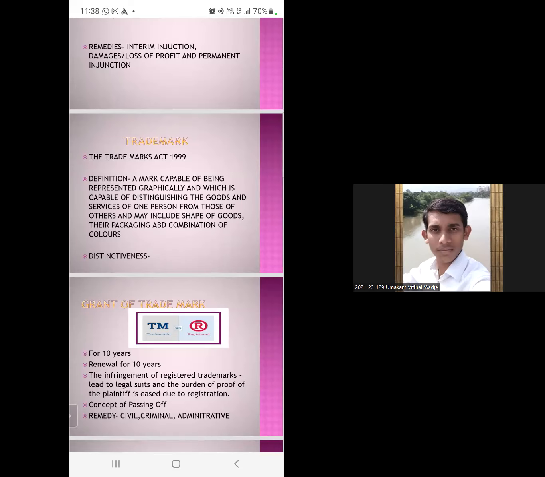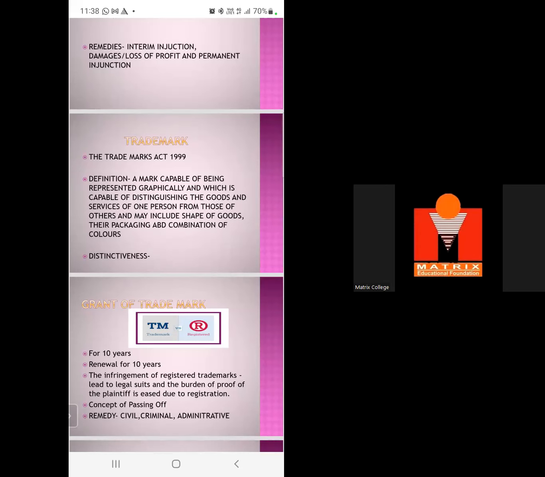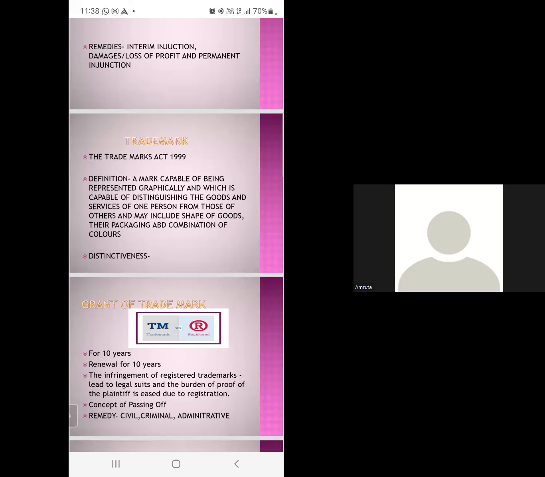If you are taking a logo or mark which is similar to another product, for example Coca-Cola, the trademark will not be granted to you. The only condition is that it should be distinct.